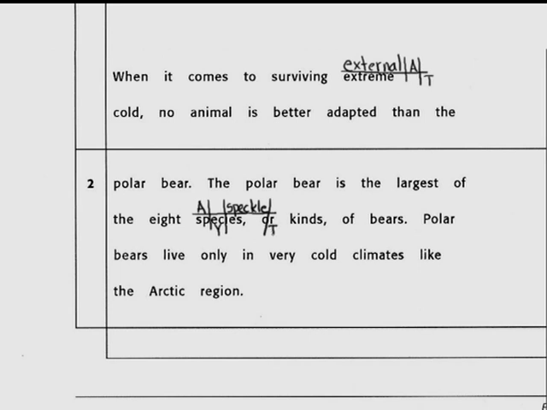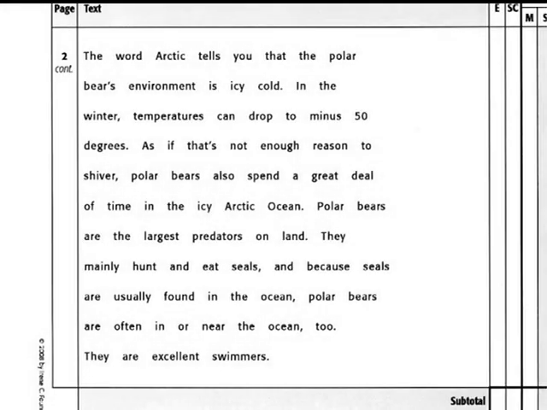Or kinds of bears. Polar bears live only in very cold climates, like the Arctic region. The word Arctic tells you that the polar bear's environment is icy cold. In the winter, temperatures can drop to minus 50 degrees. As if that's not enough reason to shiver, polar bears also spend a great deal of time in the icy Arctic Ocean.